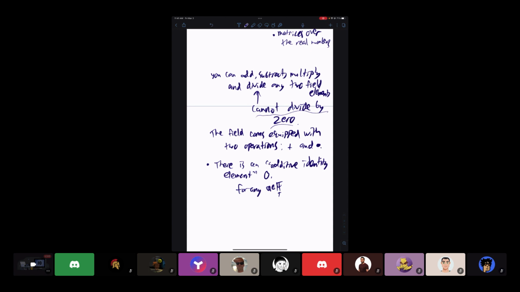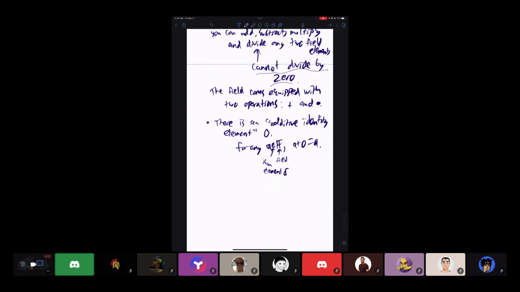So this bold F is how I denote field, and this symbol means is an element of. A plus 0 equals A. Okay, so there's this element that we call 0, such that adding 0 to A results in just A itself. Also, this is called the additive identity element.